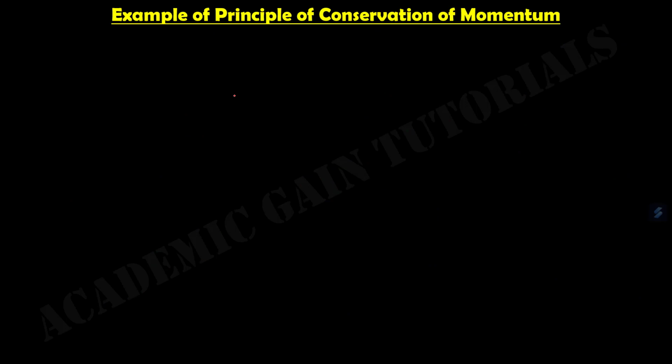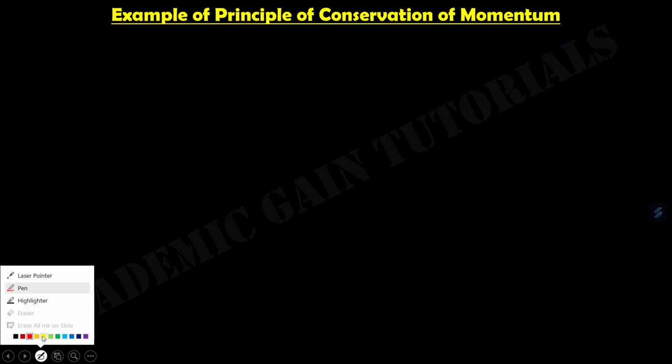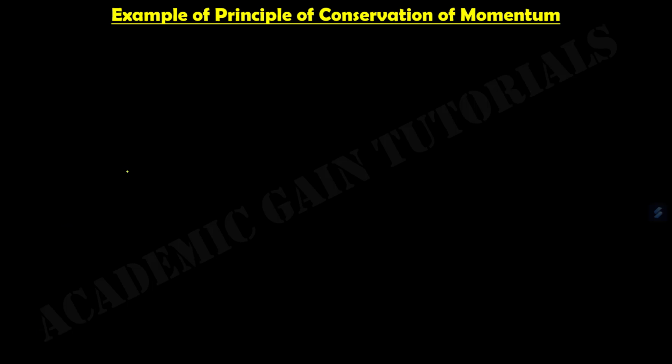Now we'll see some examples of conservation of momentum. First of all, we'll see an example of the recoil of a gun. Suppose this is a gun and we will fire a bullet from this gun.